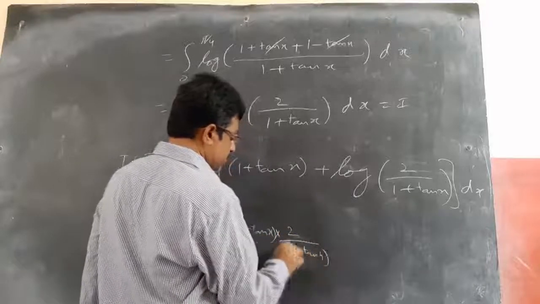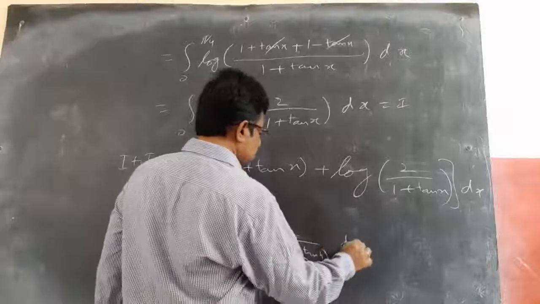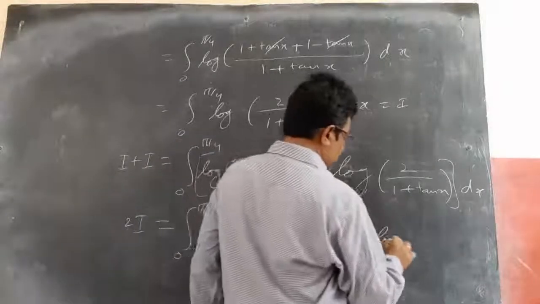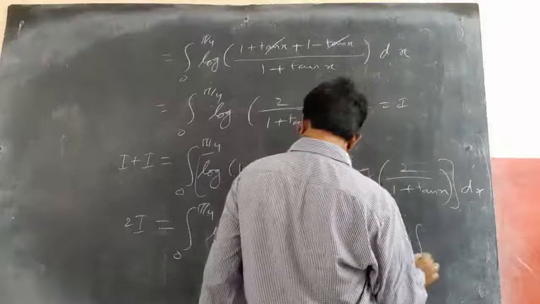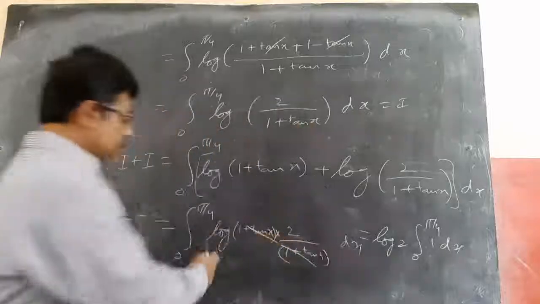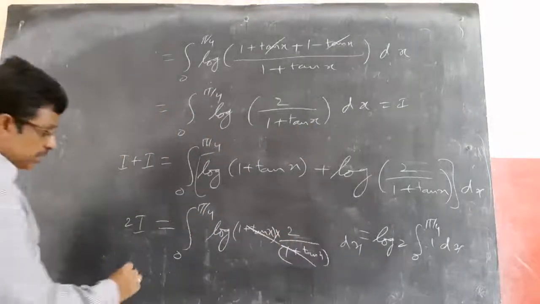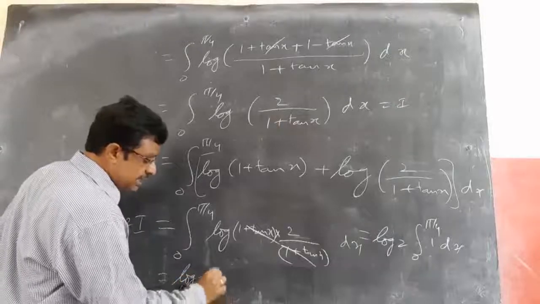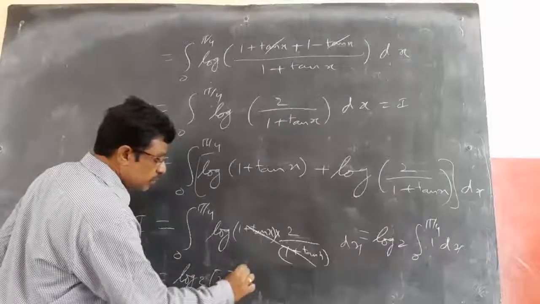So 1 plus tan x, 1 plus tan x gets cancelled. So becomes log 2. So if I write log 2 outside, log 2 into integral of 0 to pi by 4 1 dx. This log 2 is a constant, I am writing outside, becomes 1 dx. So this is equal to log 2 into integral of 1 dx, which is x itself between the limits 0 to pi by 4.